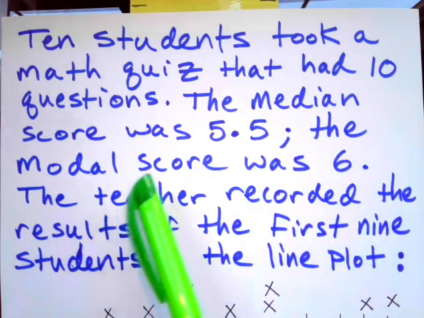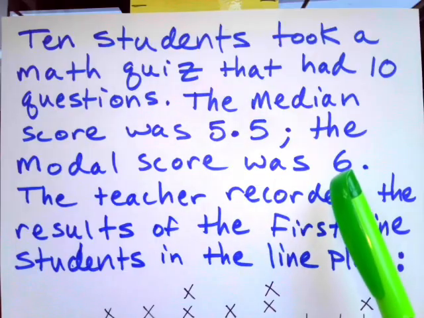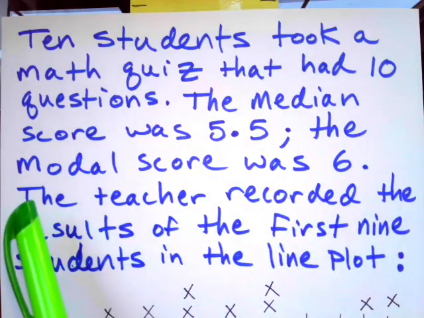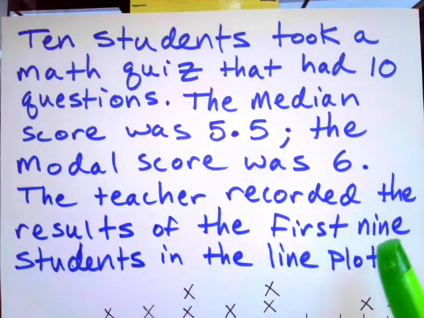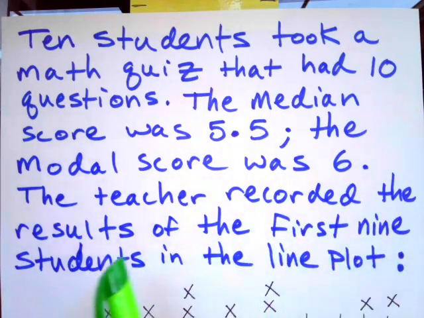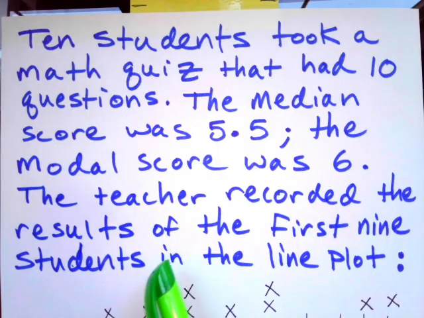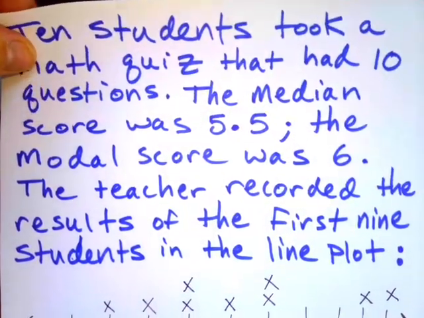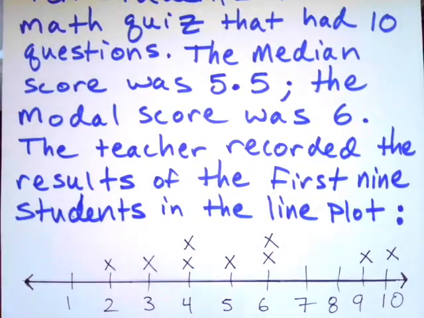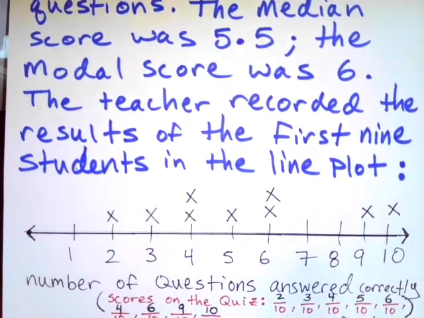The modal score was 6. The teacher recorded the results of the first 9 students in the line plot. I'm going to show you the line plot, show you the questions, and then come back and reread that and explain it a little bit more.